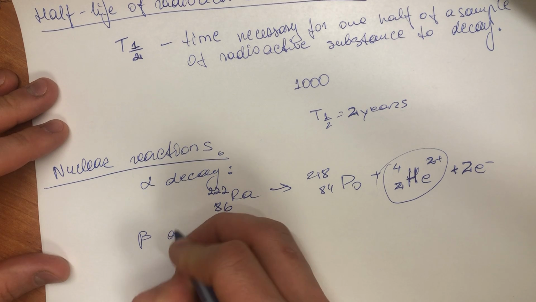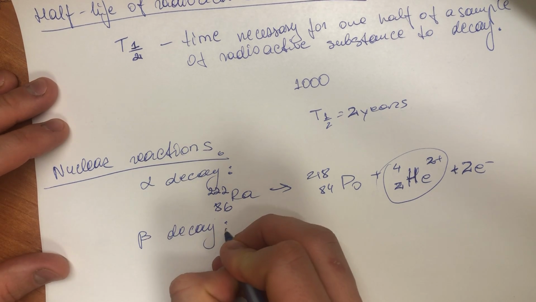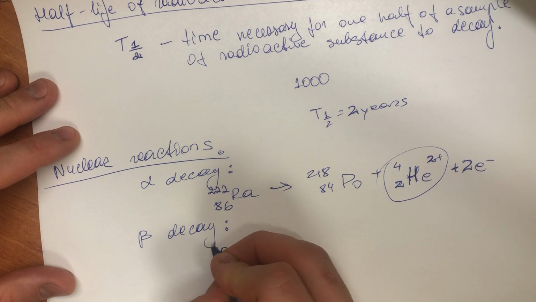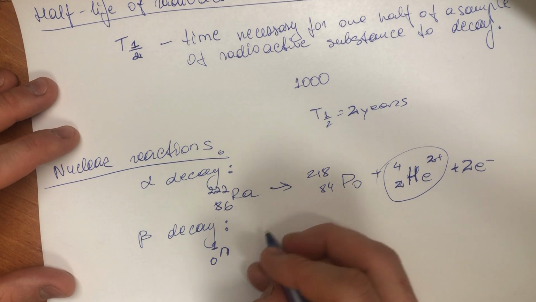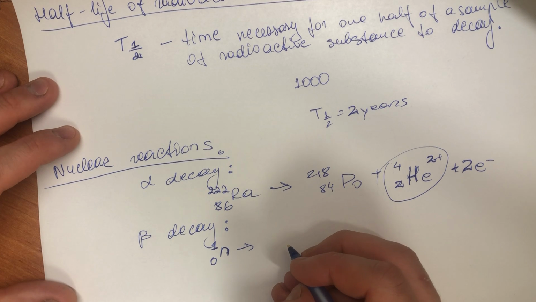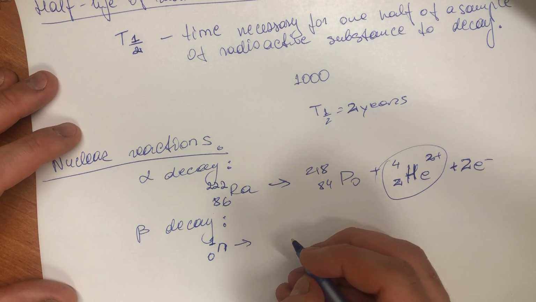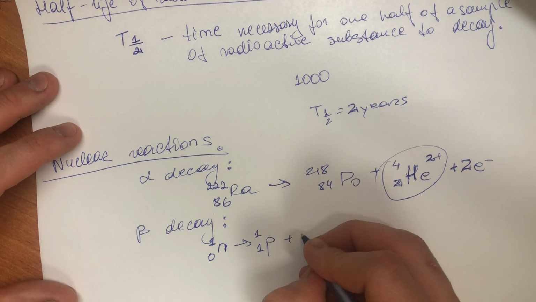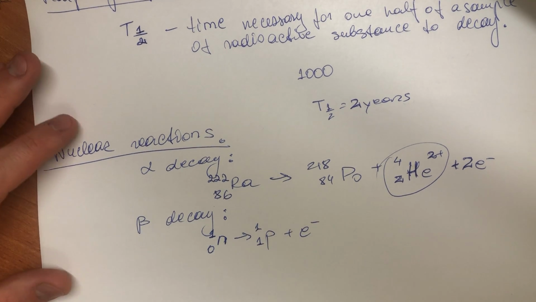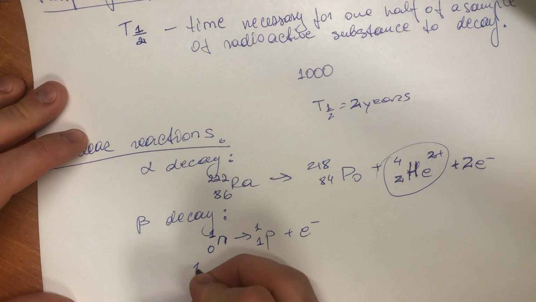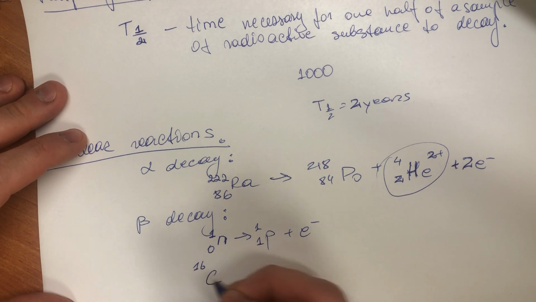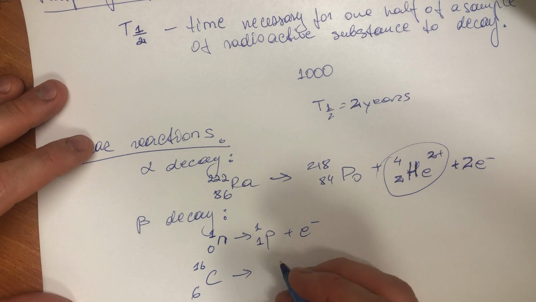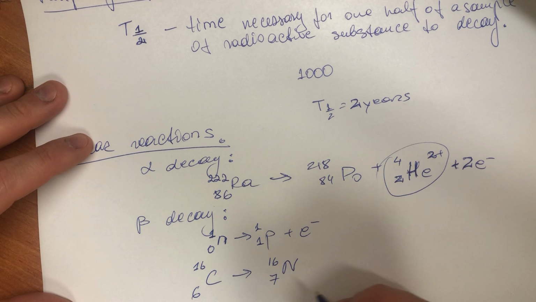Beta decay. In beta decay, one neutron decays into one proton plus one electron. An example of this would be radioactive carbon-16, atomic number 6.